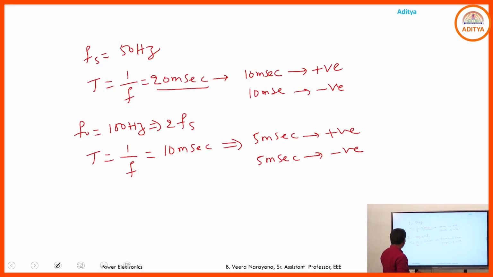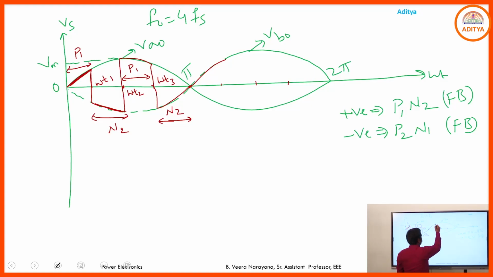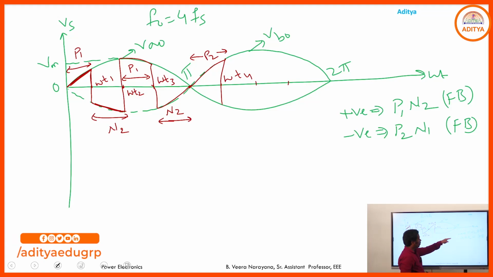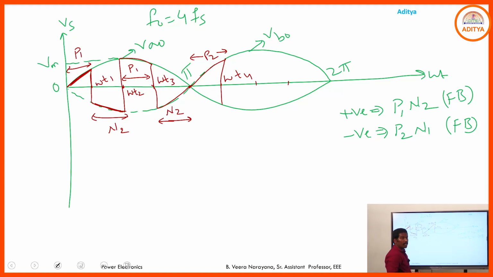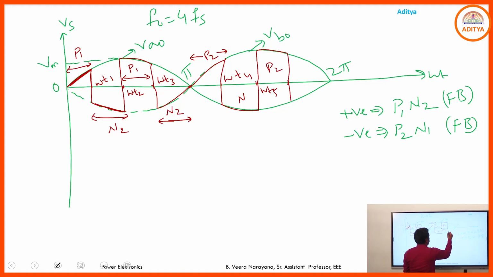Then like this, omega T4. Here P2 will be in the on state. And here we just need to collect the negative output voltage. Then you need to provide the gate pulse to the N1. Then this one at omega T5. And similarly this one and this one.